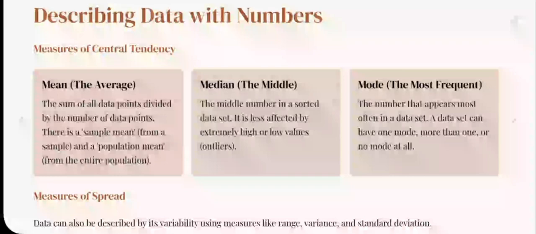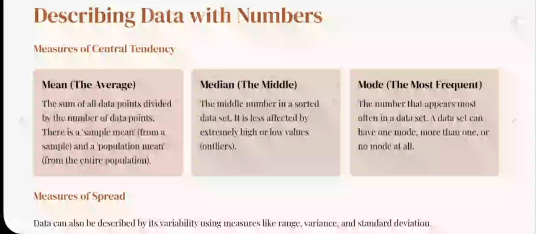Now there's two types of means that you want to be familiar with. The first one is the sample mean, which is basically a sum of your sample data divided by the number of data items in your sample. The second is the population mean, which is also the sum divided by the number of data items in the population.